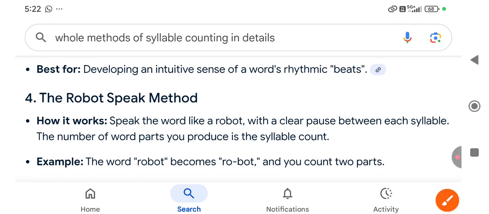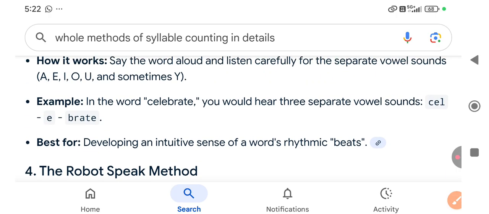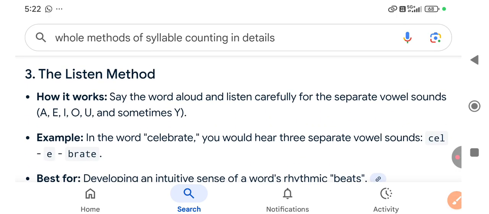And that is developing an intuitive sense of words' rhythmic beats, right? Just see when we sing a song or something, for this we can use such a method where syllables can be counted very easily.